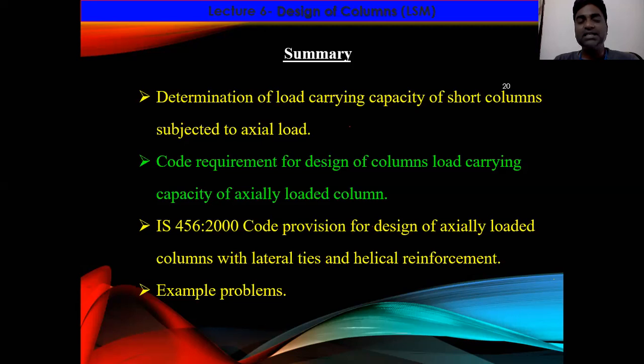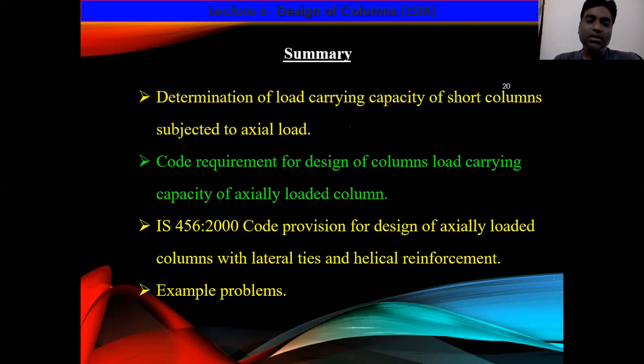If it exceeds, then it should be considered as an eccentrically loaded column. If it is less than or equal to that value, then it should be considered as an axially loaded column. So before using that equation, you need to check these two.